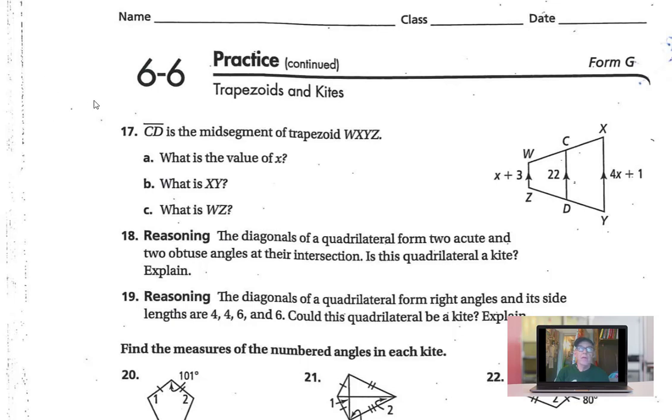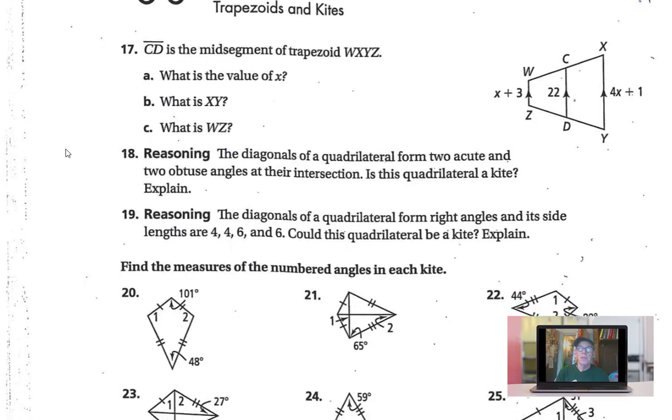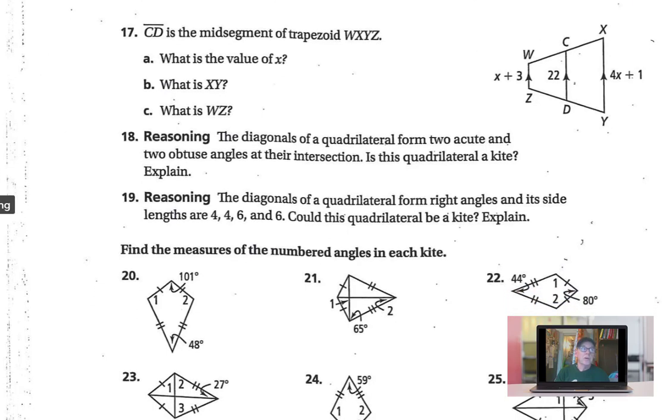Okay, so here we have the second side of the 7.3b 6.6 practice on trapezoids and kites. Let's take a look at these. So it's telling us for number 17 that CD is the mid-segment.